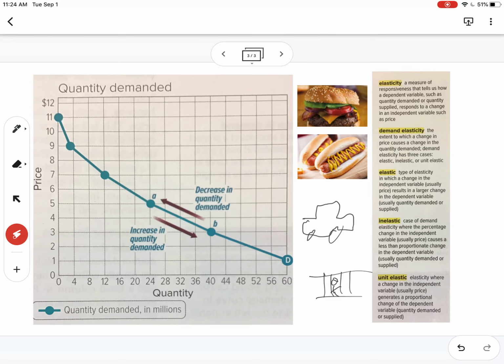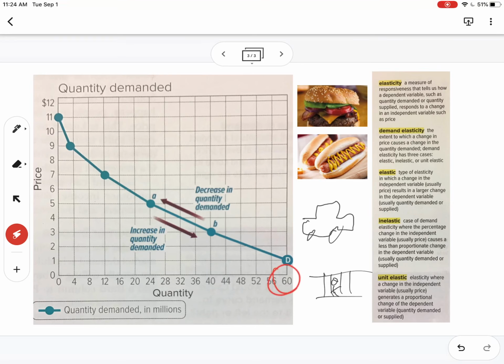An inelastic product is a case of demand elasticity where a percentage change in the independent variable, price, causes a less than proportionate change in the dependent variable, usually demand. So an example of inelastic products would be medication. If you have heart disease, it doesn't matter if the price for that medicine goes up, up, up.